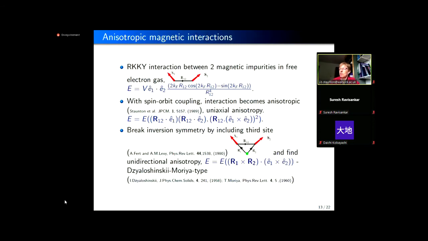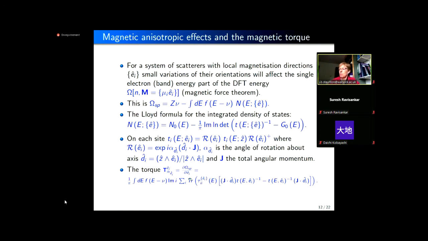So let's see now how to apply that. So one could consider, let's say we have just two scatterers separated by some distance r12, and they have two different orientations. And we're going to just say that these two scatterers are embedded in some free electron background.